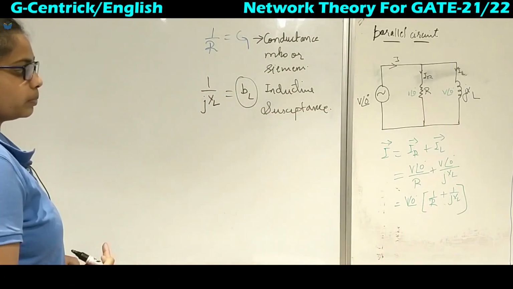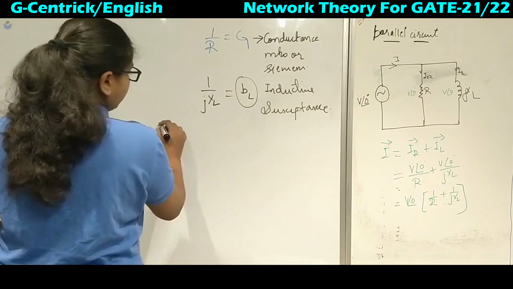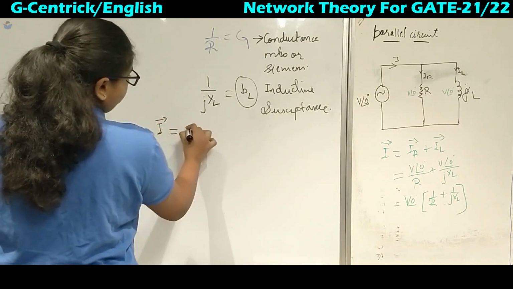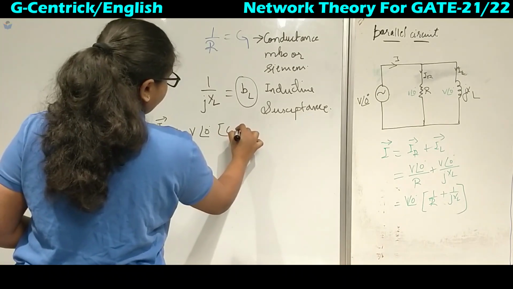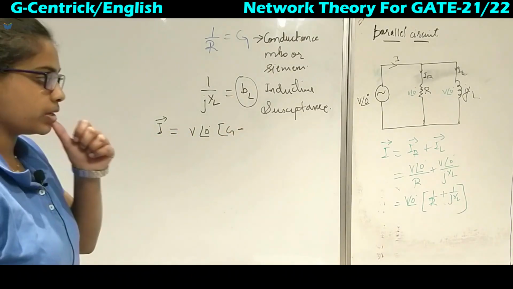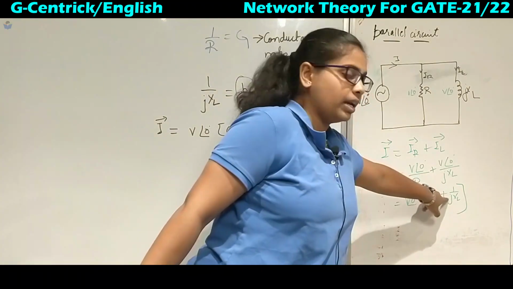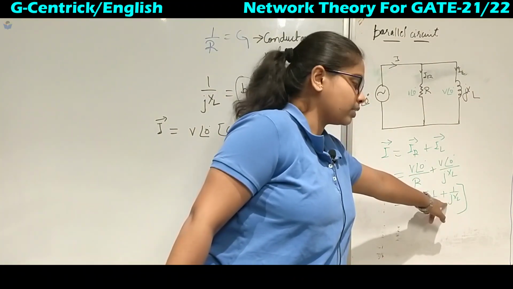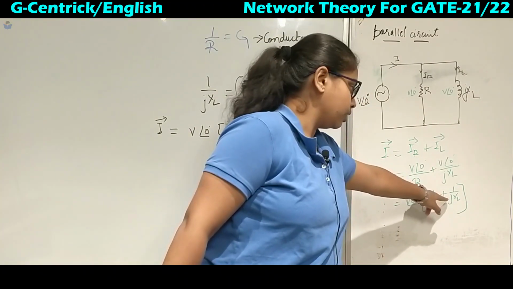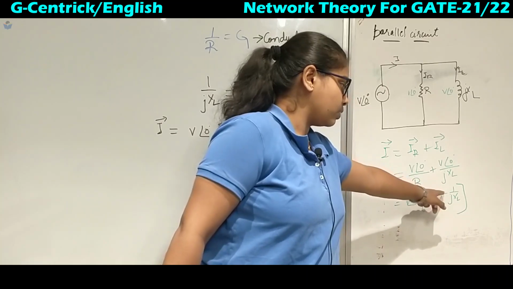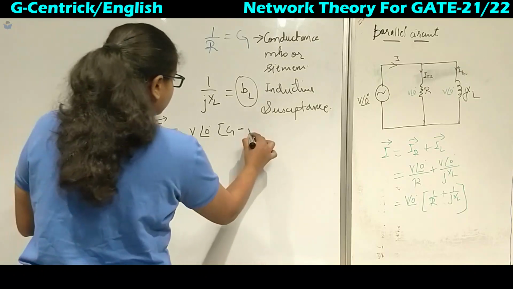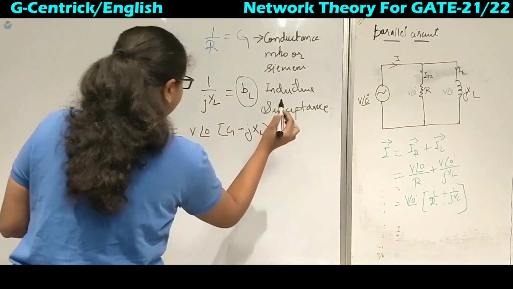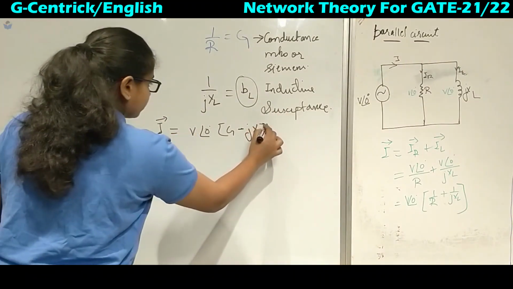Now what will it be replaced with? This will be replaced with 0 degree plus j times minus, because we add and divide by j, so j square will be minus 1 and this term becomes minus. So you will get minus jBL.